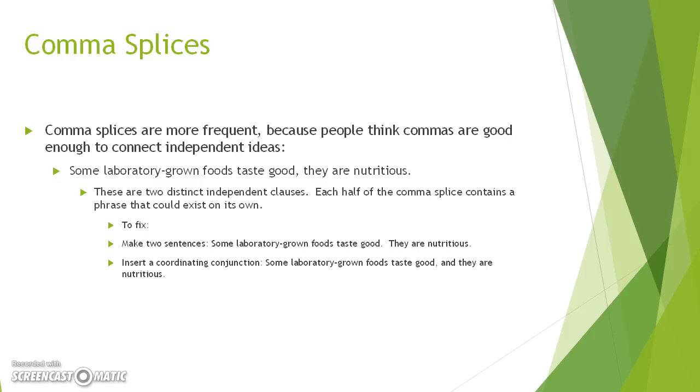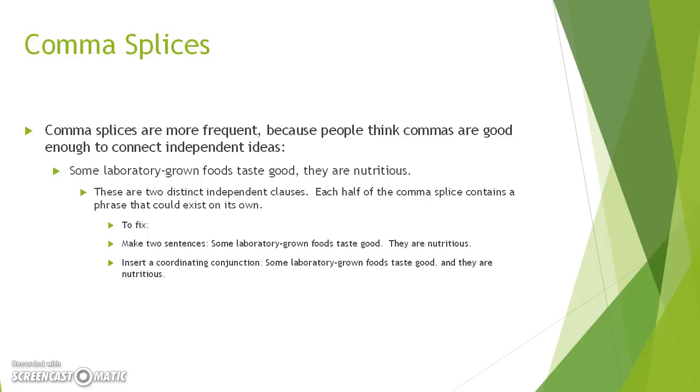So, this is an example out of the book. Some laboratory-grown foods taste good. They are nutritious. These are 2 distinct independent ideas. Notice that they could each be on their own. Some laboratory-grown foods taste good. That's a complete idea. They are nutritious. That's also a complete idea. So a comma is not a strong enough piece of punctuation to connect the two.